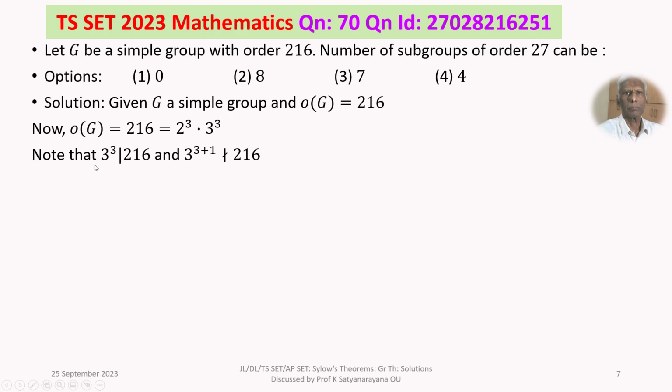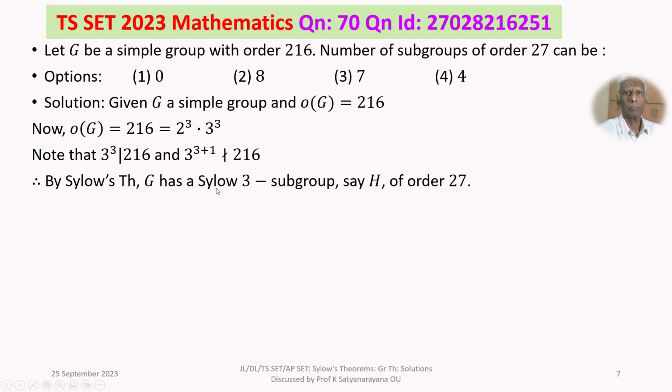So note that 3 cube divides 216 and 3 to the power of 3 plus 1 does not divide 216. Therefore, by the first Sylow theorem, G has a Sylow 3 subgroup, say H, of order 27.